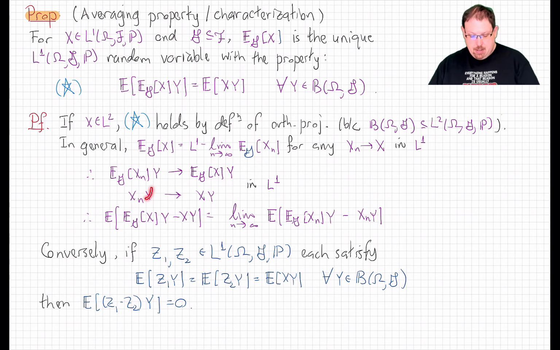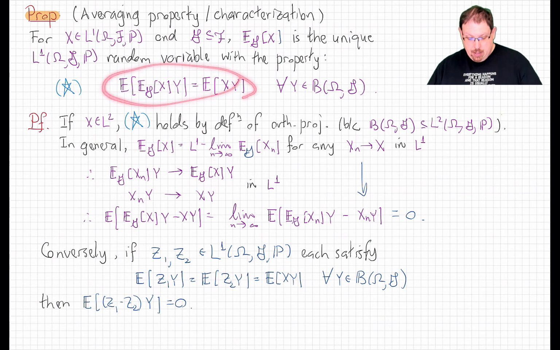So that means that the difference of these two terms converges to the difference of these two terms in L1, and if it converges in L1, then its expected value converges as well. However, since xn is in L2, by the projection property, each of these terms is 0, and so that shows this property holds if x is any L1 random variable.